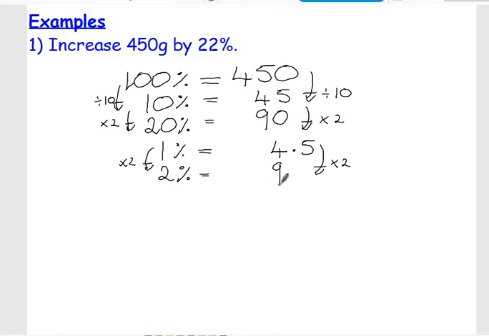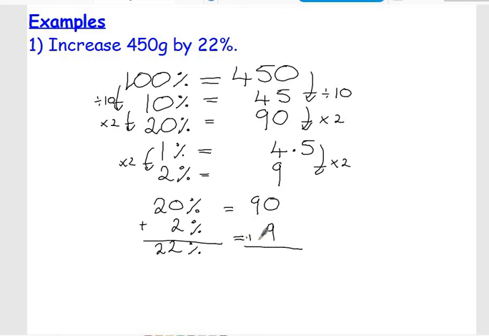So 22% is our 20% add our 2%. We know 20% was 90, 2% was 9, so 22% is 99.